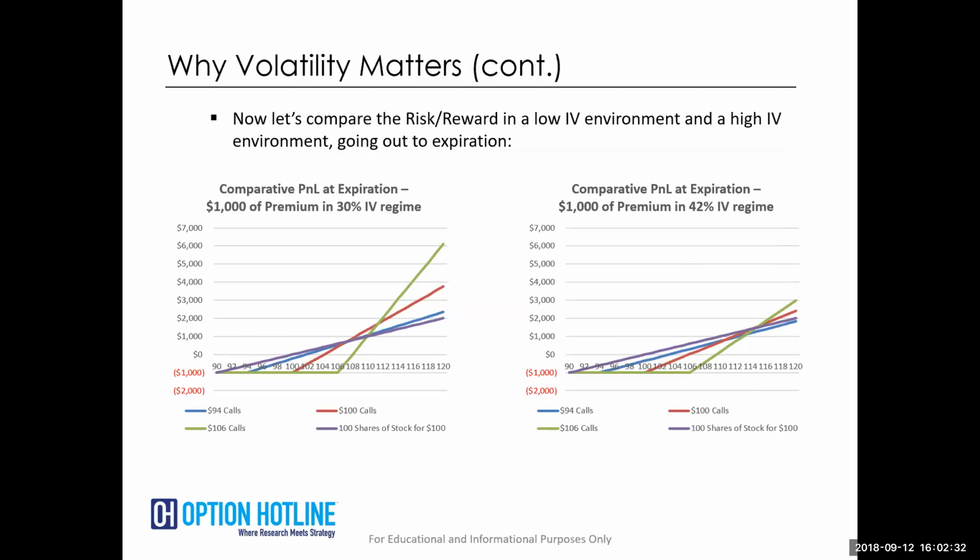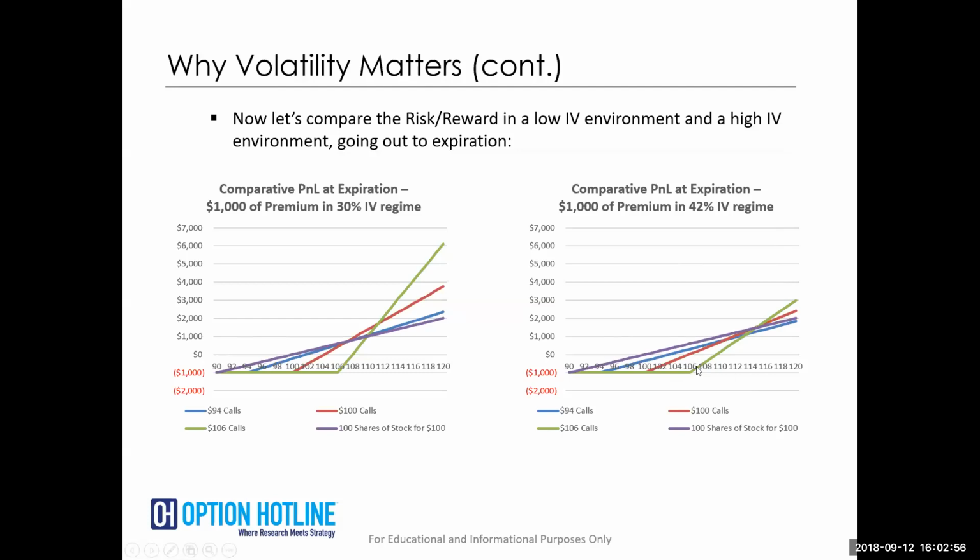Because one of the most painful things to do is to be bullish on a stock expecting a move and have it underperform your expected move so you actually lose money instead of making money. Because if this stock, I'm in the 106 calls and we run to 107, those calls expire worth $1. I've lost $1 on my 5 lot. I've lost $500 even though the stock rallied 7%.